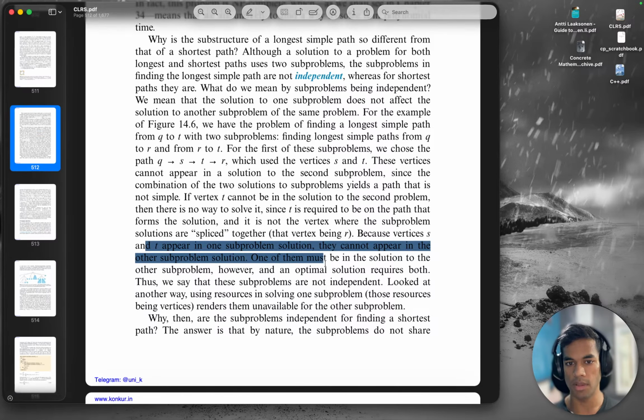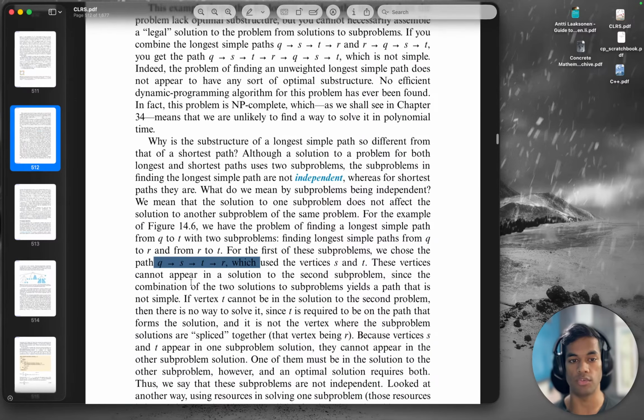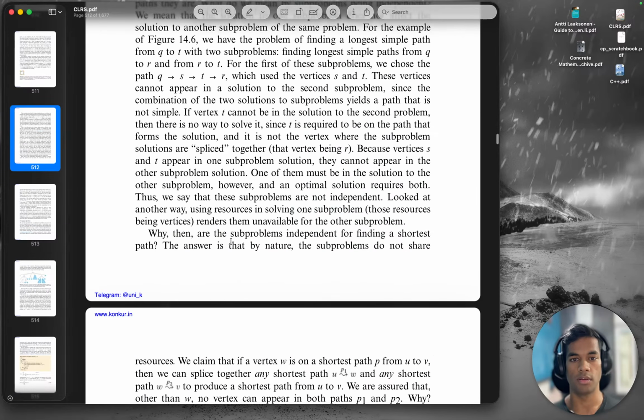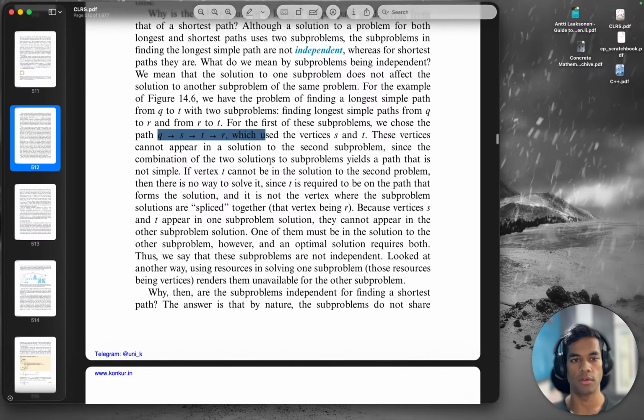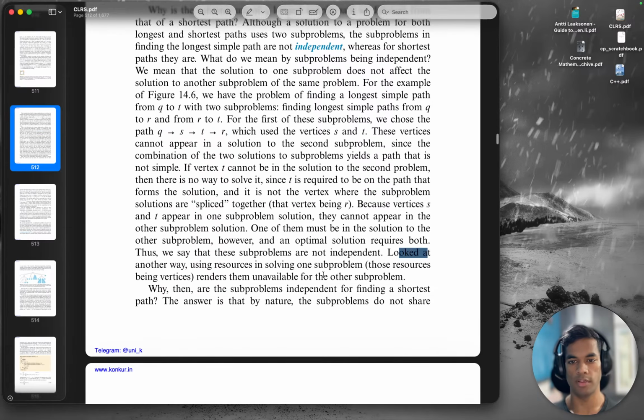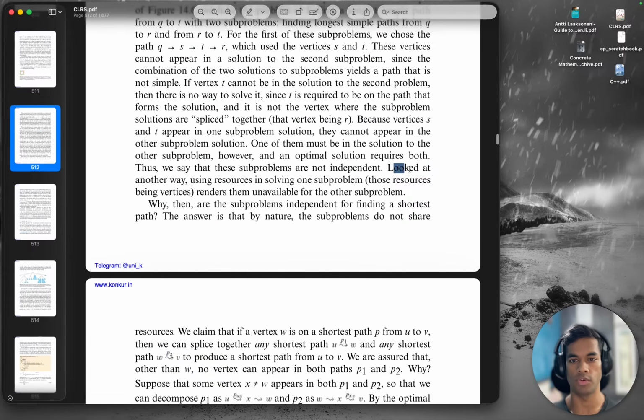One of them must be in the solution to the other subproblem. However, we cannot have them because we have already used them, S and T. An optimal solution requires both to be optimal, but we cannot have them both optimal because they are overlapping. This would break the rules for the question.